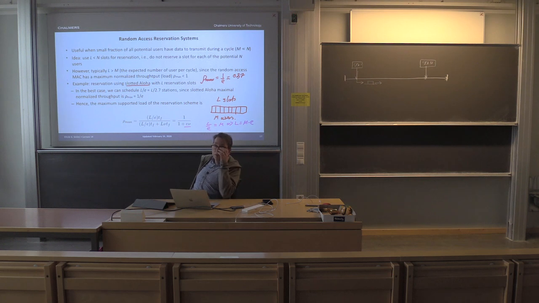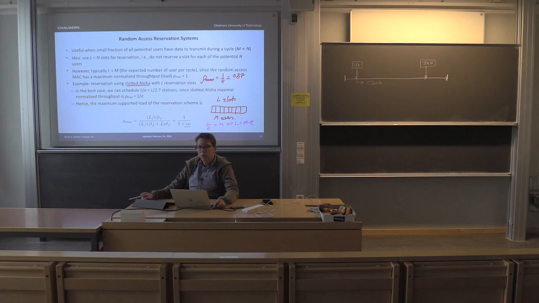We could also use CSMA, we could use slotted Aloha and so forth. I think both slotted Aloha and Aloha are used in practice. CSMA perhaps also, but I'm not so sure, to be honest.